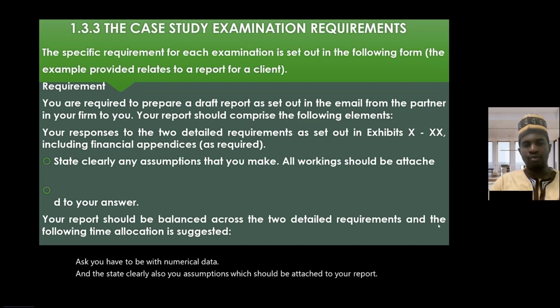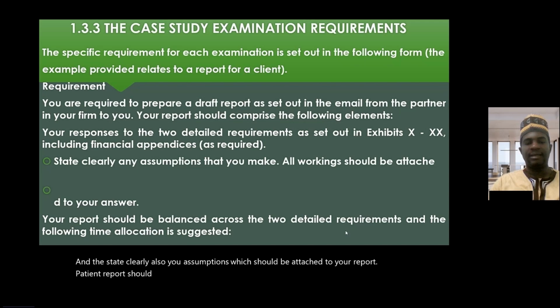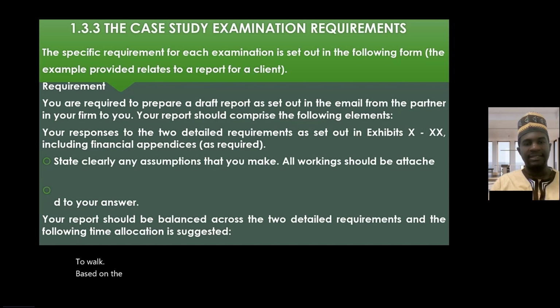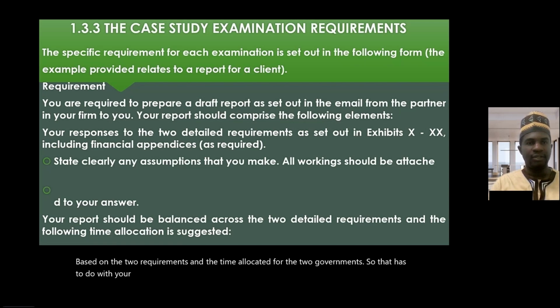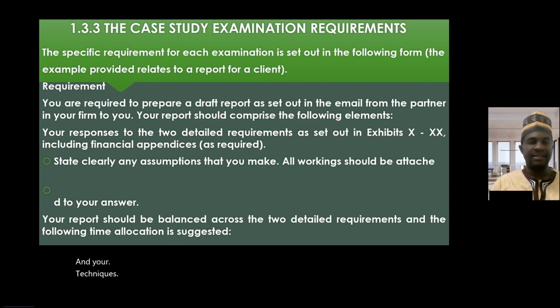The report should also balance the work based on the two requirements and the time allocated for the two requirements. So that has to do with your planning and your technique, which is harnessed through practice and practice and practice. This cannot be overemphasized.